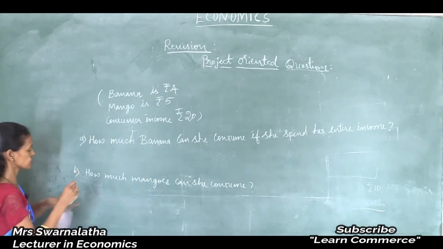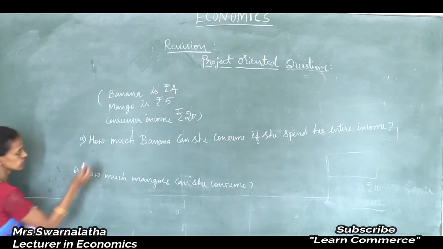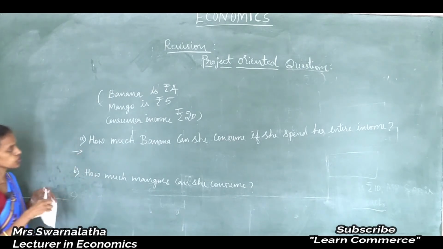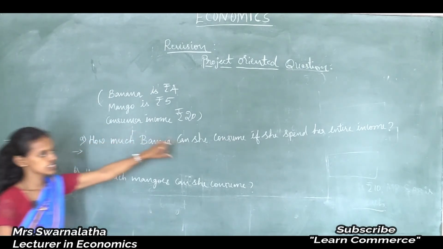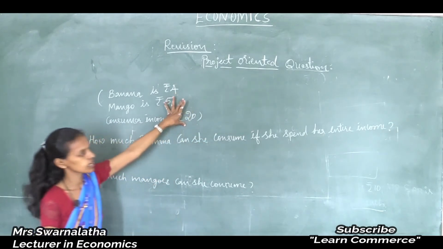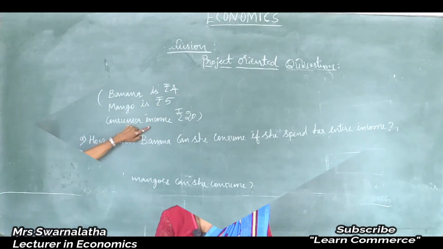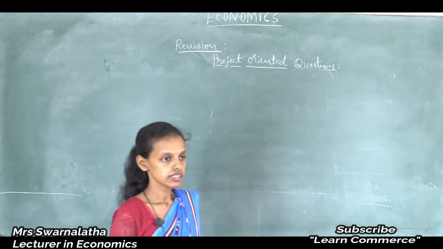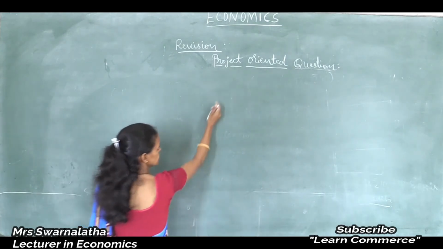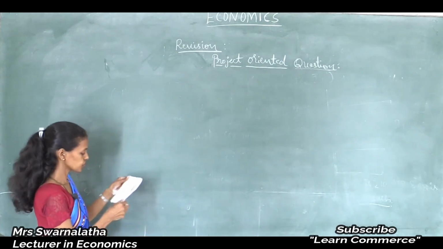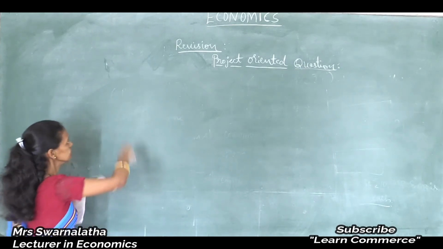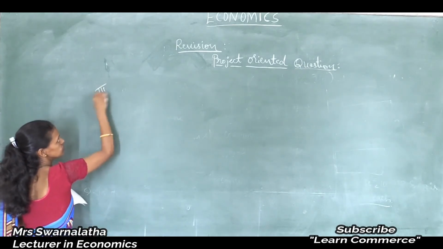First I will solve these two. To solve this, how much bananas can she consume if she spends entire income, that is rupees 20. So let us see the project oriented question, that is third one.